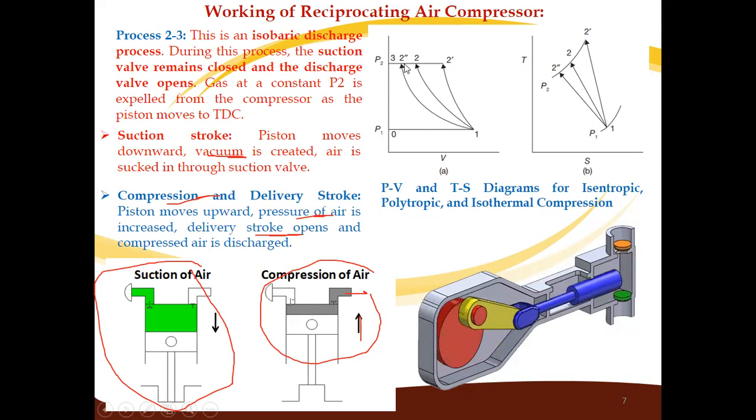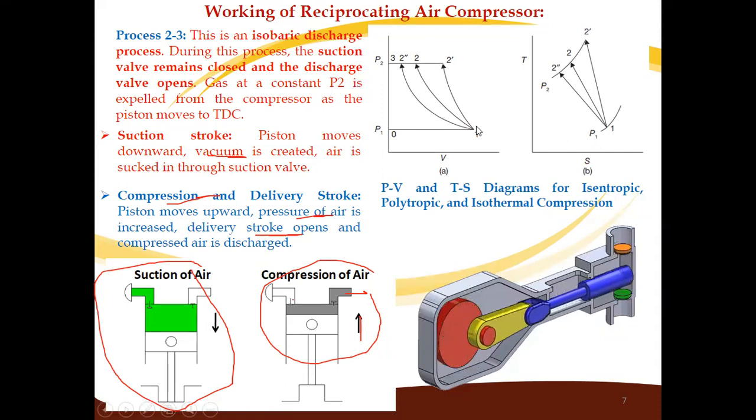So these are the three processes. So if you see in all these three processes, in the isentropic process, the delivery will start from this point, that is 2 dash to 3.